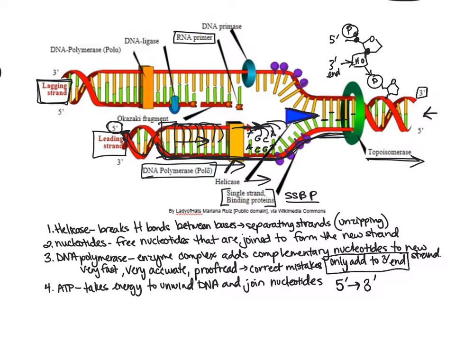So this, for example, would be the 5' end here, and then down here this would be the 3' end, because this is our free hydroxyl group on the 3rd carbon. So the importance here is that, again, DNA polymerase can only add another nucleotide to the 3' end, not to the 5' end that has the phosphate group on it.